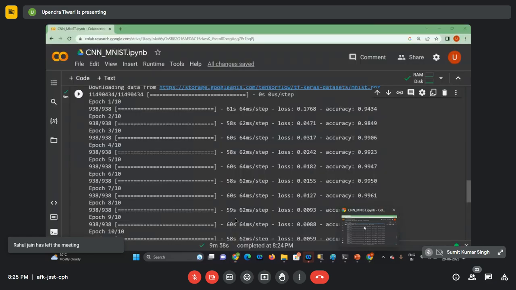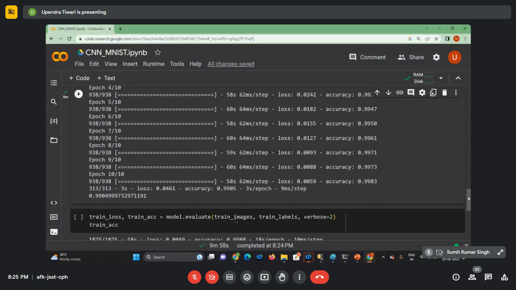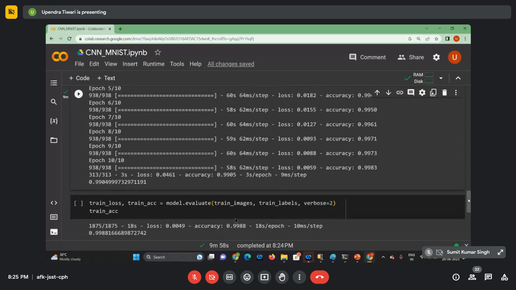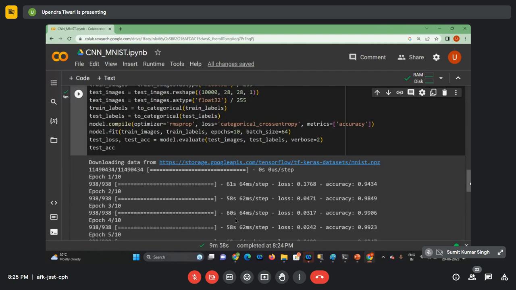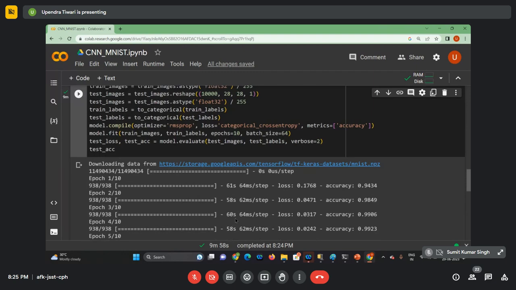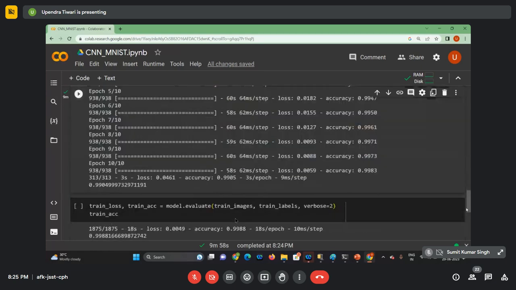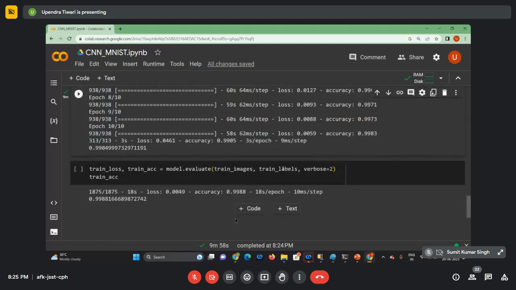All right, so we have completed these 10 epochs, and you see the accuracy that your model is showing on the trained data is somewhere 99.83. And when we evaluated this model on the test images, it is showing us 99.04 accuracy on the test data.